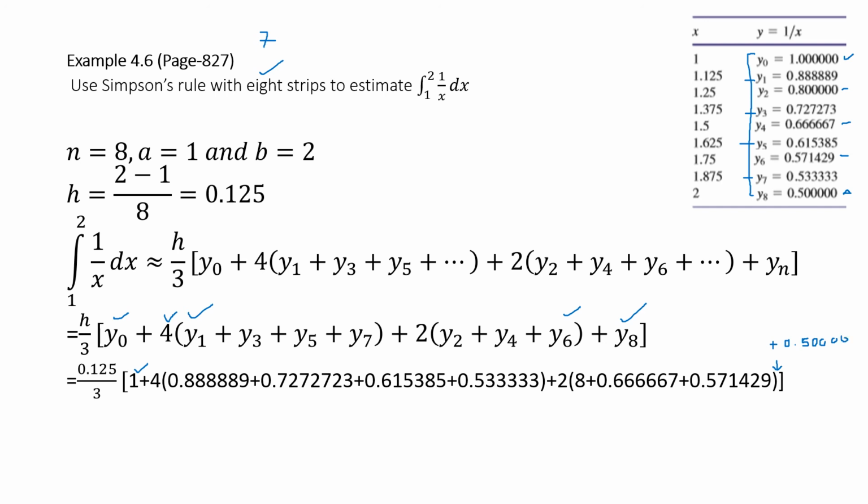The even ones were 3. Look, y8 is even, this one. This is next even y. y4 is this one, and y6 is this one. Well, the final answer comes from this calculator.